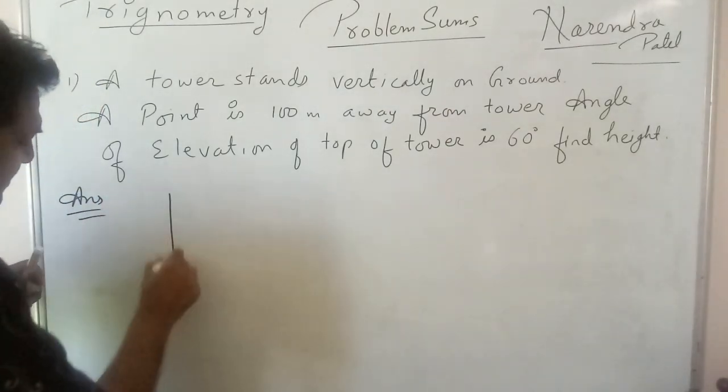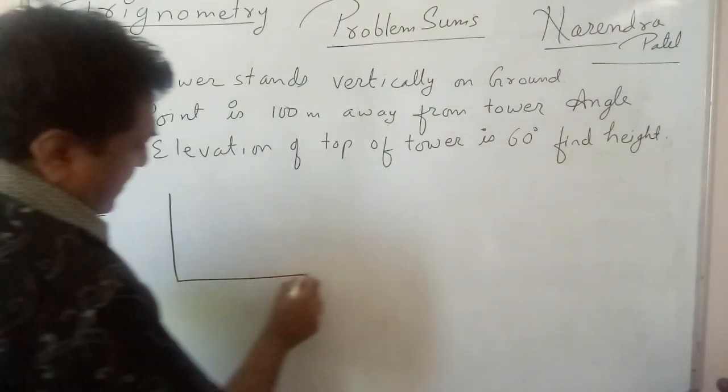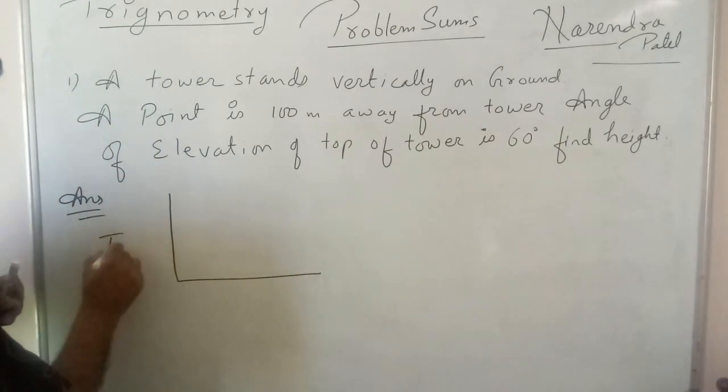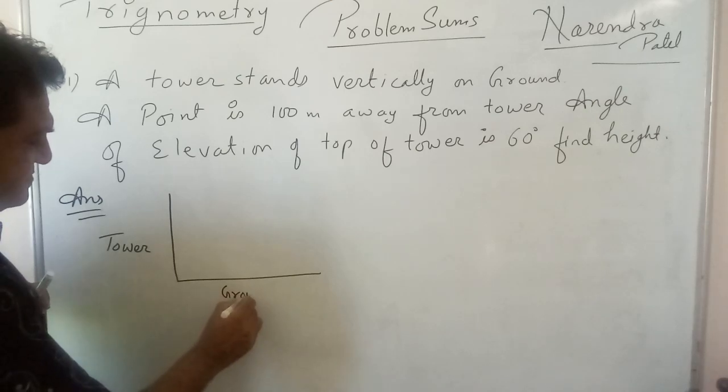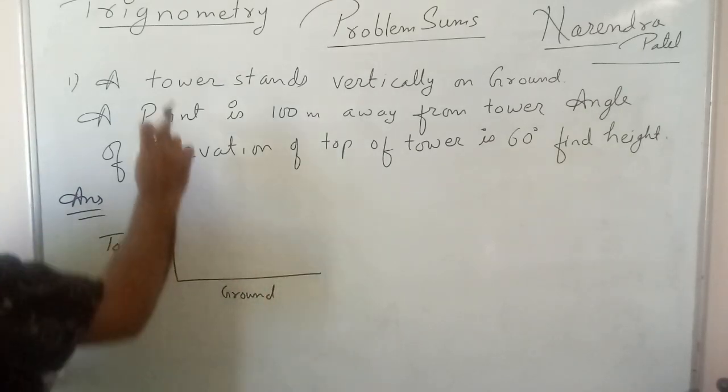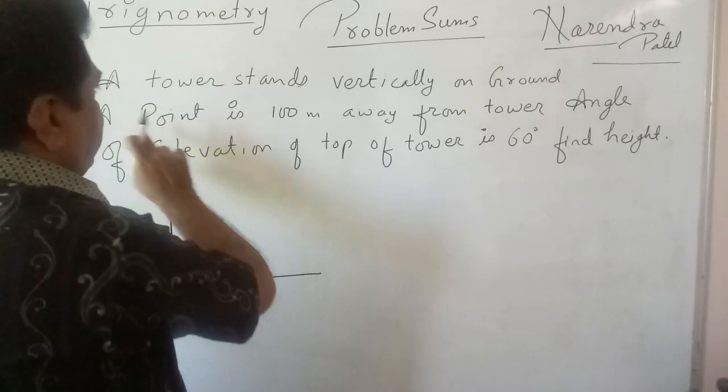Suppose this is a tower. This is the ground. Now what are we doing? The tower stands vertically on the ground.